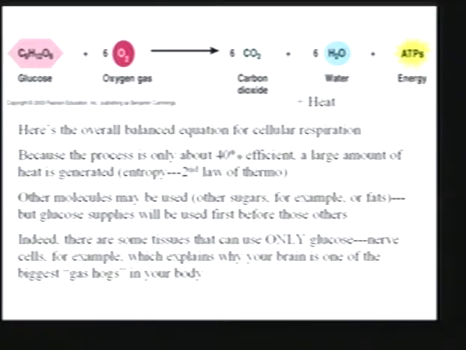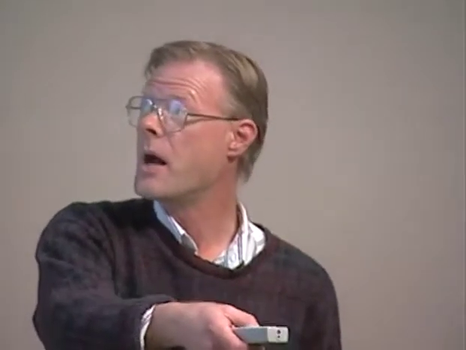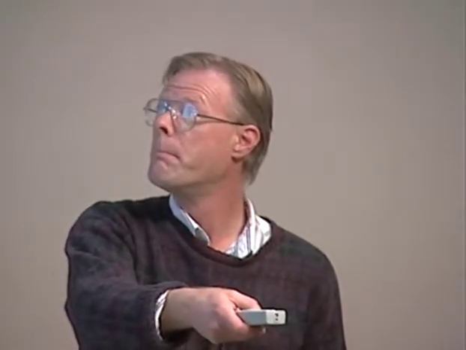Right? So the brain is one of the biggest gas hogs in your body. It uses a huge amount of energy to do what it needs to do. Most other tissues can use glucose as an energy source. Okay? Some tissues don't even need oxygen. They can do things without oxygen, at least for a short period of time.